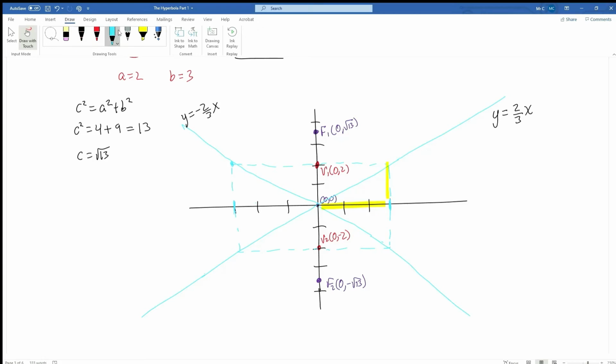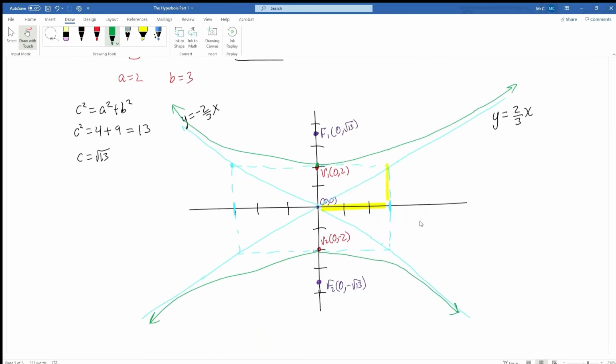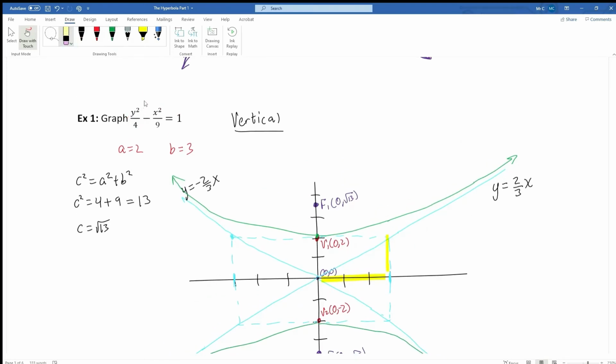And now when I go to actually graph my equation, which we'll do in this green color here, we'll just start out from our vertices and curve outwards. And then as we approach this diagonal, it'll kind of level off. It's not a perfect picture, but as long as it gets the idea across. All right, well, we've graphed this hyperbola.